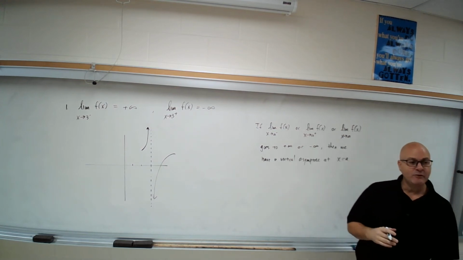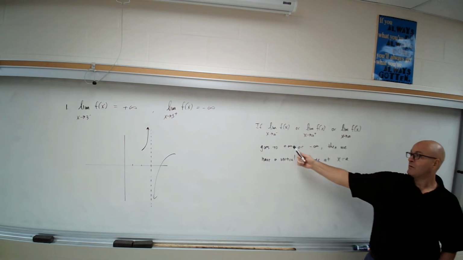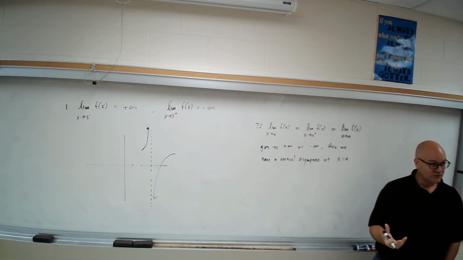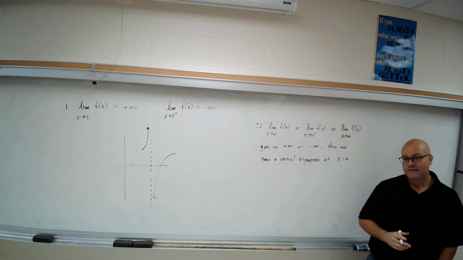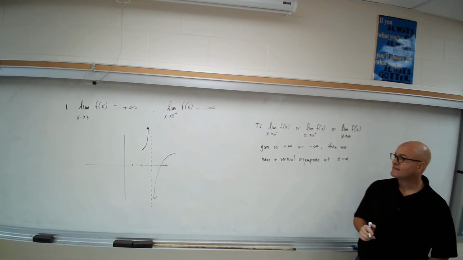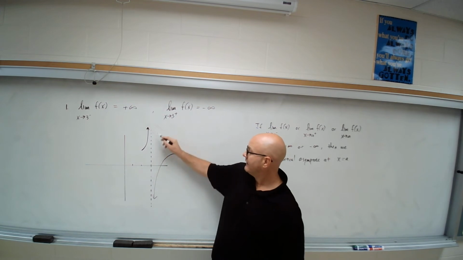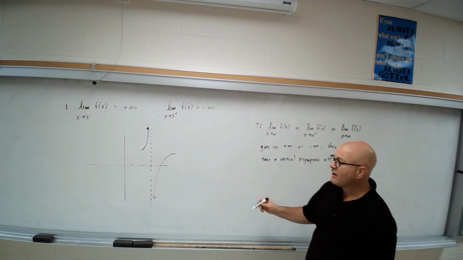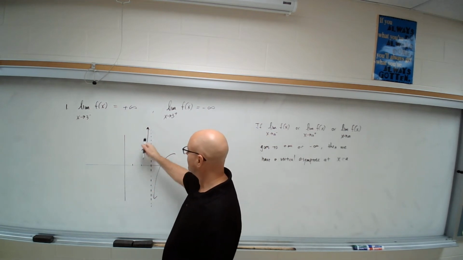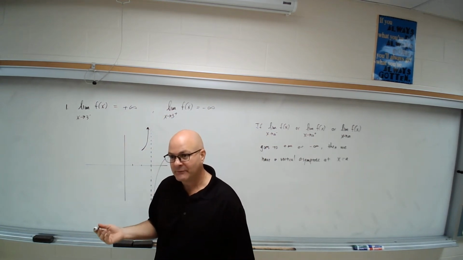So if you ever get a limit where x goes to a finite number and the output goes to infinity or negative infinity, we just found a vertical asymptote. Right? That's a way to confirm. So in this case, for example 1, we have a vertical asymptote there. And if you really think about it, there's really no way that this could happen and you not have a vertical asymptote, right?